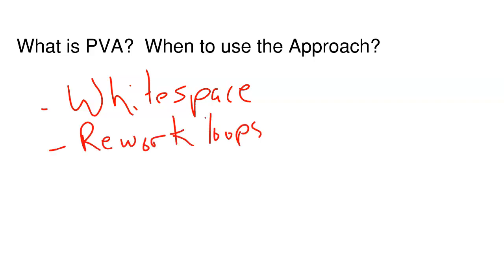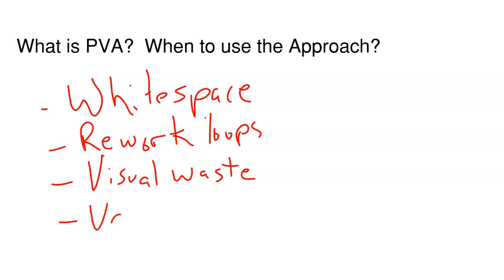Rework loops, or the identification of defects or errors in the system and the reduction or elimination of that rework. Visual waste in the system, the classic lean wastes in TIM WOODS, and the reduction and elimination of that type of waste. It's the 4th characteristic that we are really concerned about when we are interested in doing PVA.